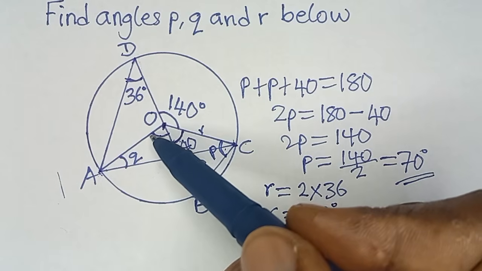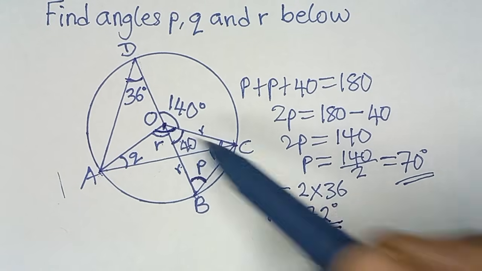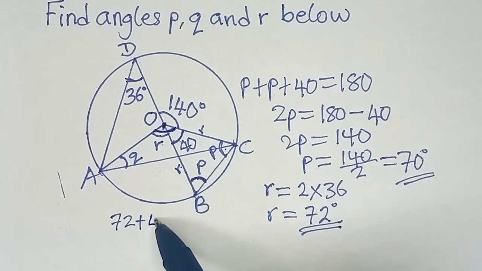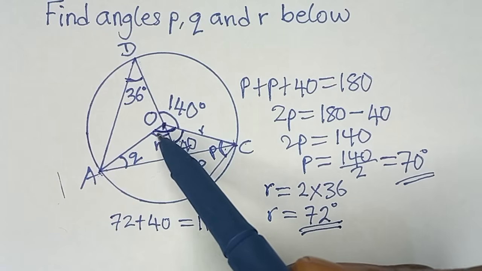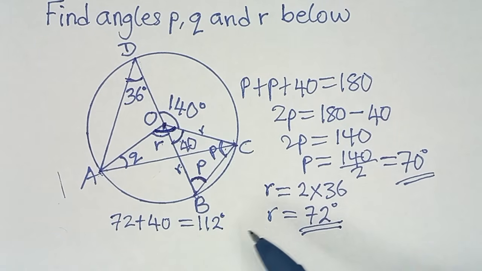So the total angle at this center here will be 72 plus 40. And that will give us 112 degrees. So that means this angle at this center here is 112 degrees.